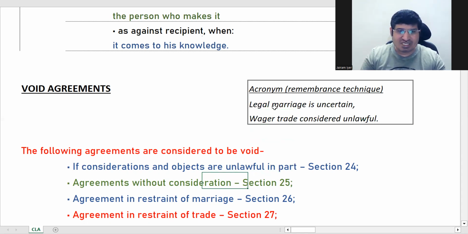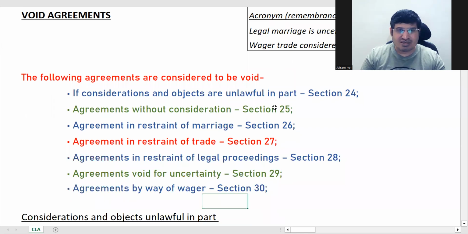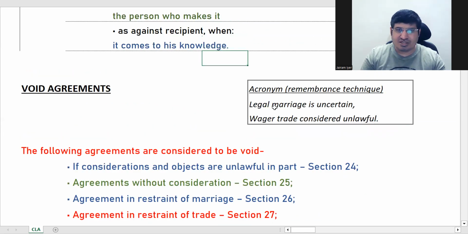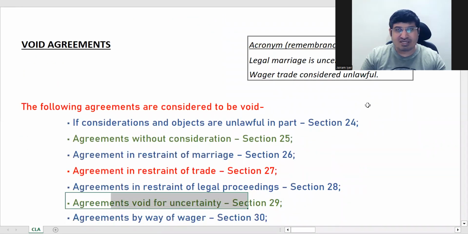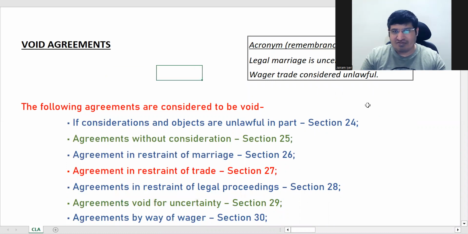First is legal, for which you say unlawful: considerations and objects unlawful in part. Marriage, restraint of marriage. And uncertain, void for uncertainty.